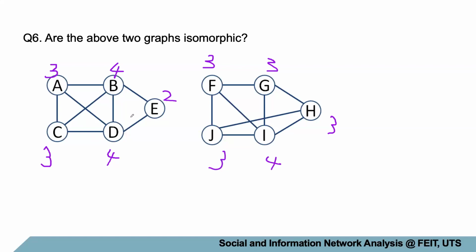We can see this graph has a vertex of degree 2. It has 2 edges, but in this graph, there's no node that has degree 2 that can be mapped to E.